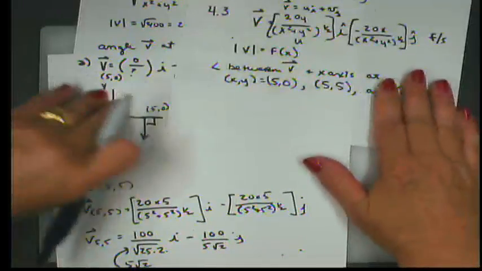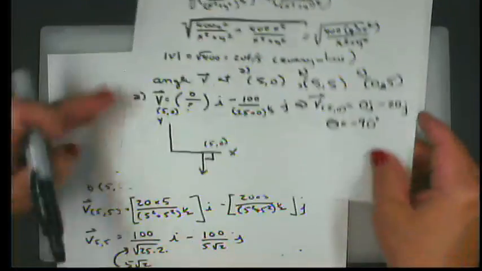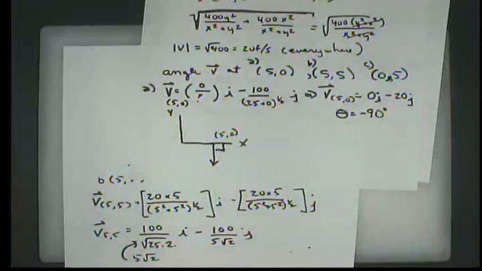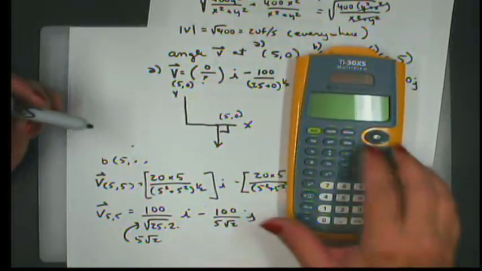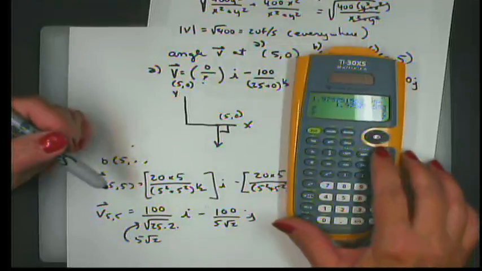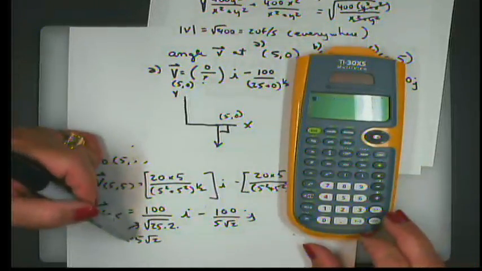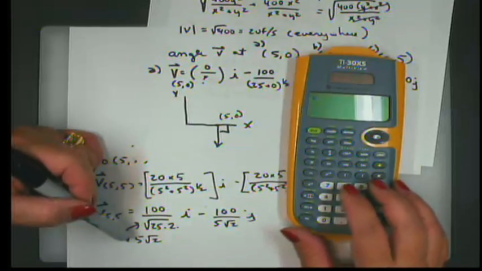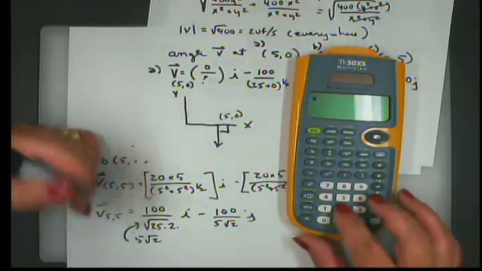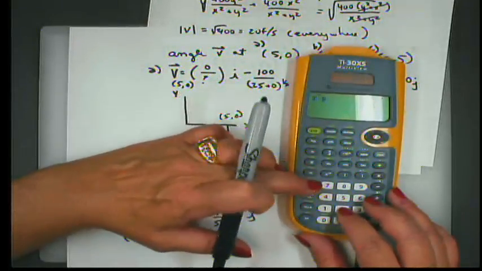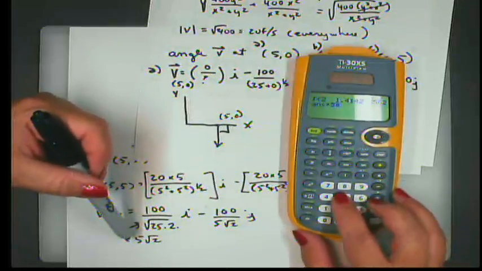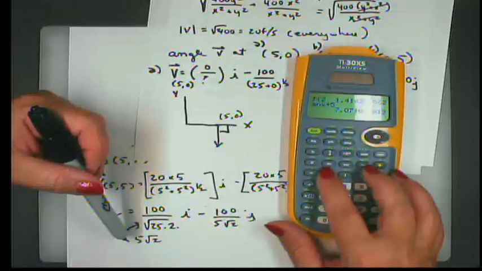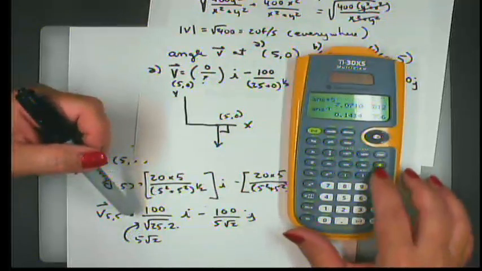Right, so I'll plot that. First of all, square root of 2 is about 1.4, right? Let's just get an approximate answer for that. So I'll turn on my calculator, clear it, and I have square root of 2, multiply that by 5, take the reciprocal of that, and multiply it by 100.